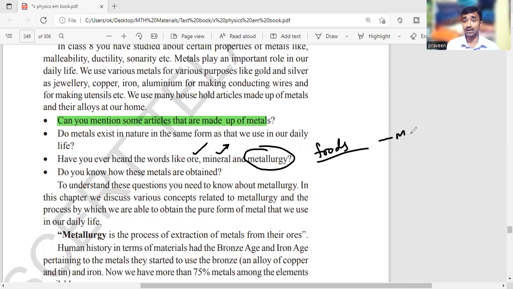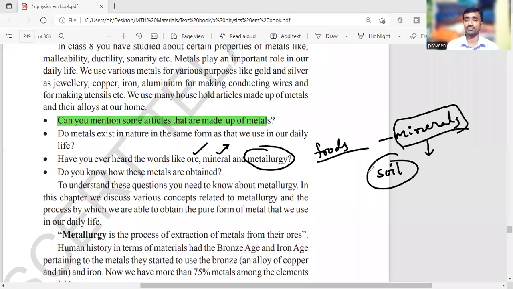In that, your body requires some minerals. So is that mineral the same as what you are discussing here? No, they are different. That mineral is what is combined with the food, right? What about this mineral obtained or separated from the soil? Both are different.